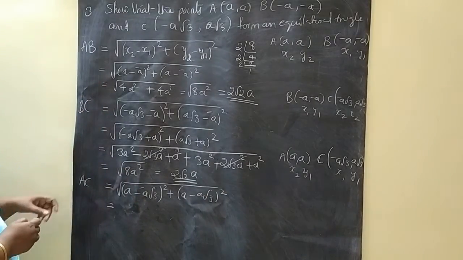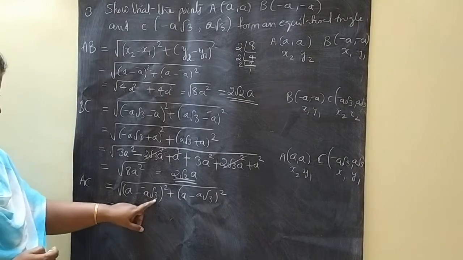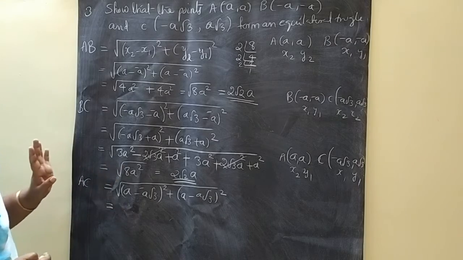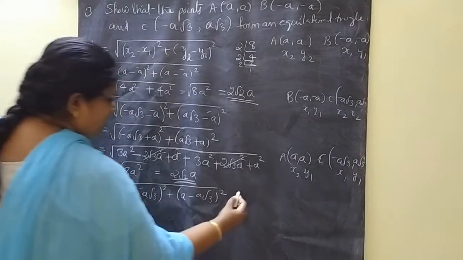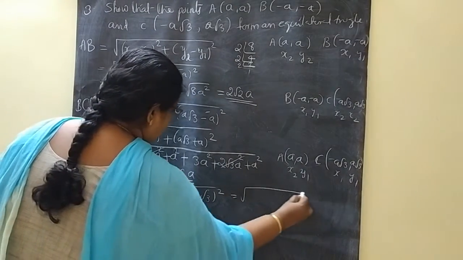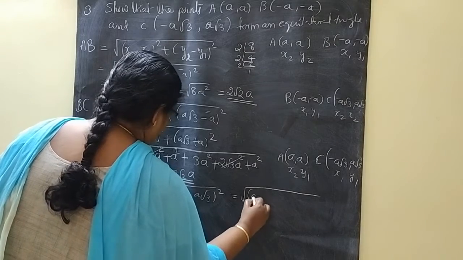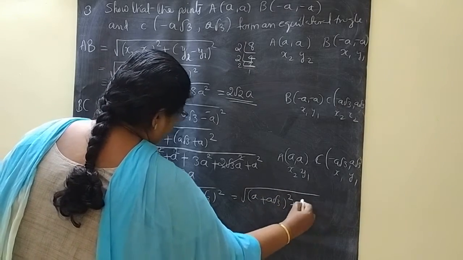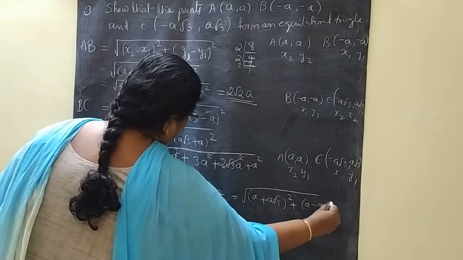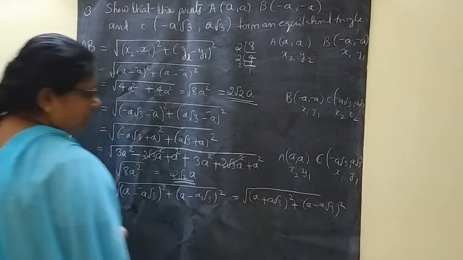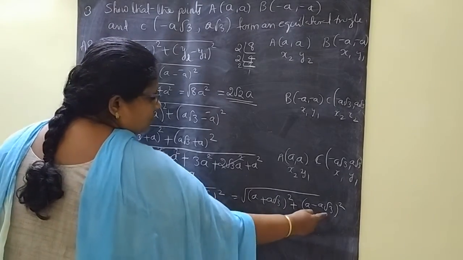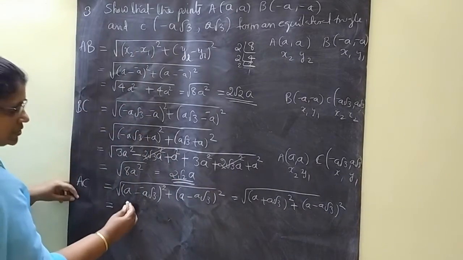Again rational and irrational are coming, we can't add, so you have to expand. This we can write as (A plus A root 3) whole square, and this is (A minus A root 3) whole square. This one is (a plus b) whole square, this is (a minus b) whole square.